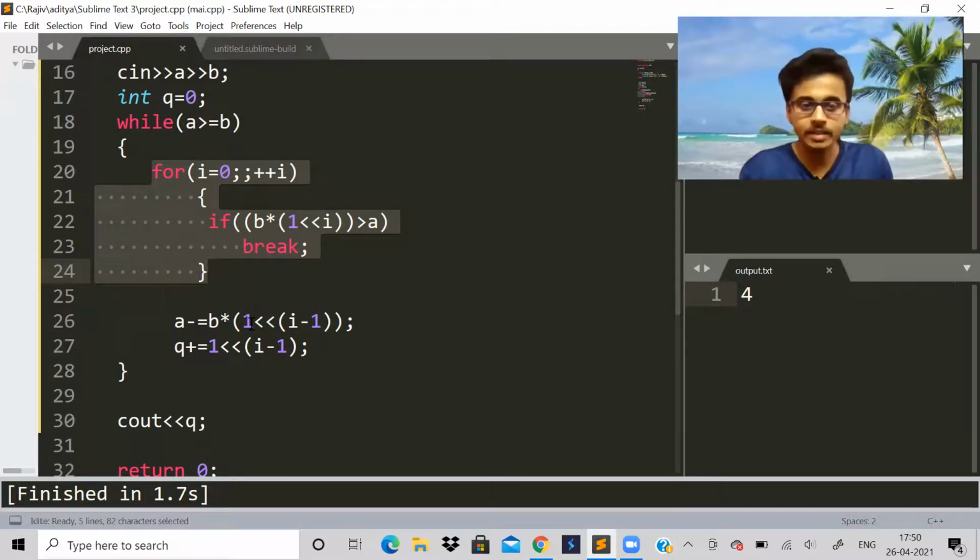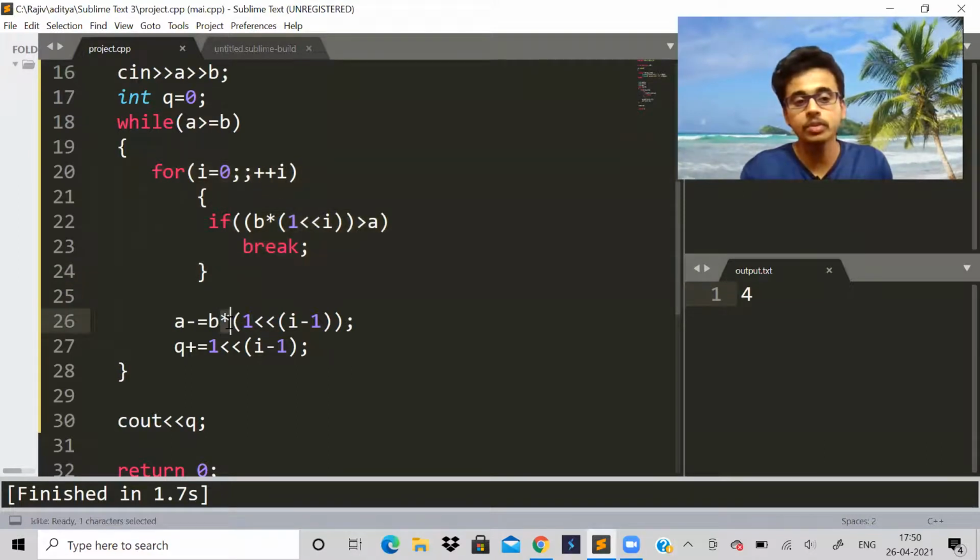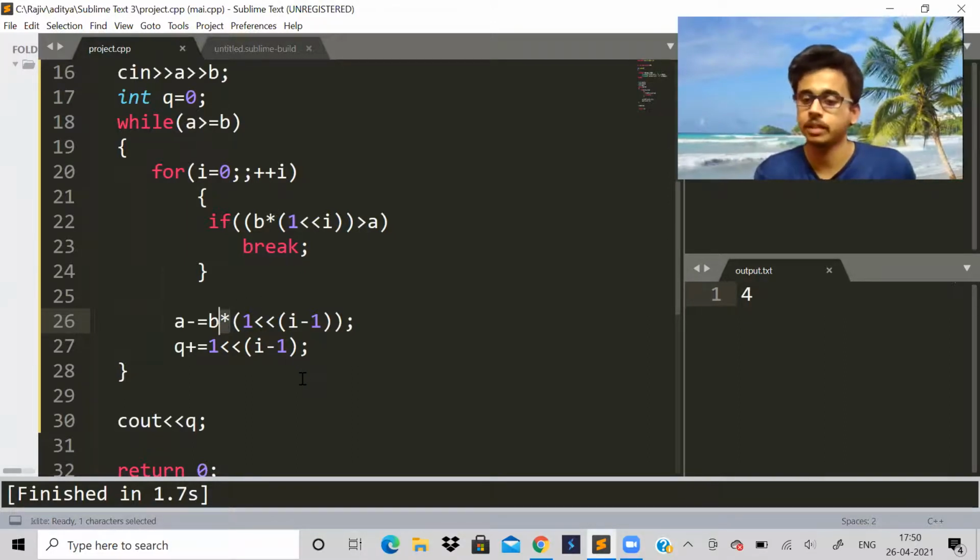So like this I can, but over here I am using multiplication symbol. How to not use this multiplication symbol? I have still used a multiplication symbol over here. How to not use this symbol?